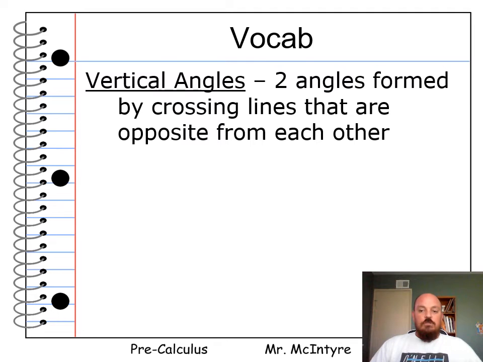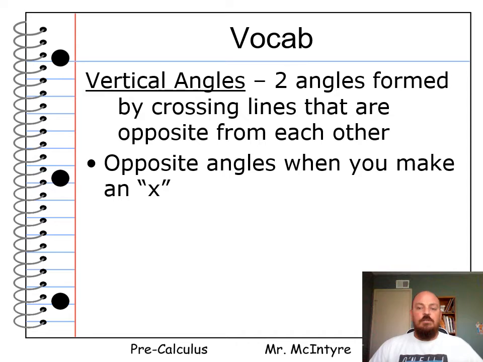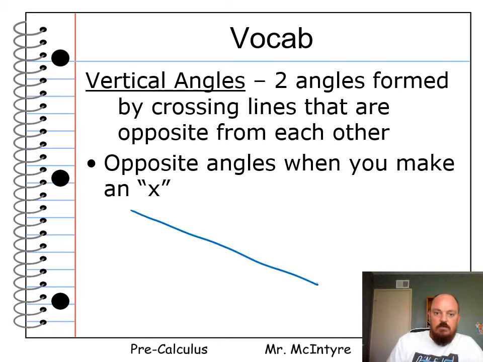All right, so our first vocab term that comes with a rule that I'm going to teach you in a minute is vertical angles. Now vertical angles are two angles that are formed by crossing lines that are opposite from each other. So basically, if I draw an X, it's any two angles that are opposite each other. So let me do that. I'm going to draw a big X here.